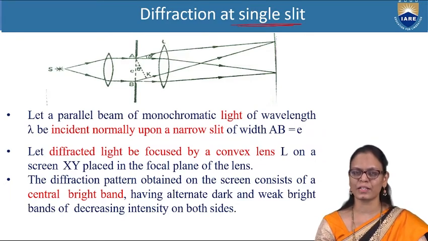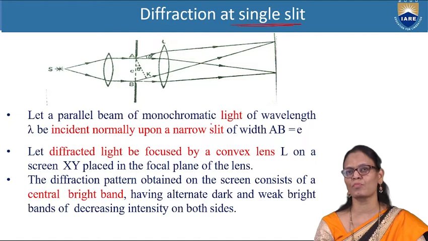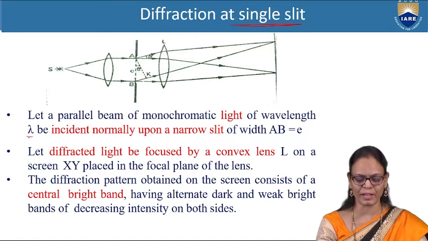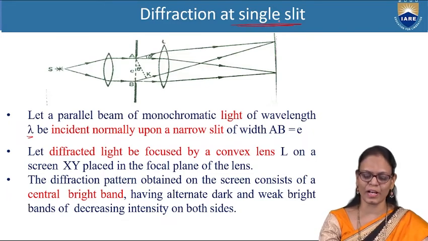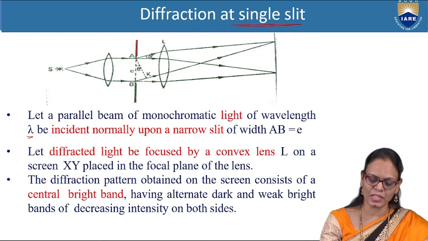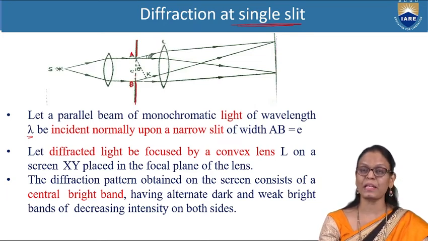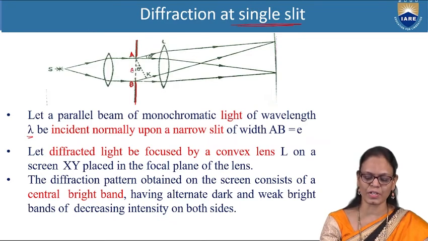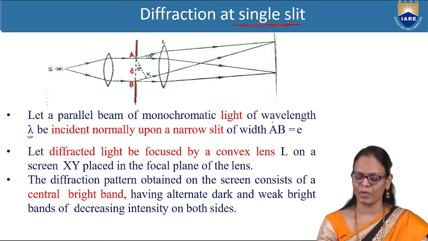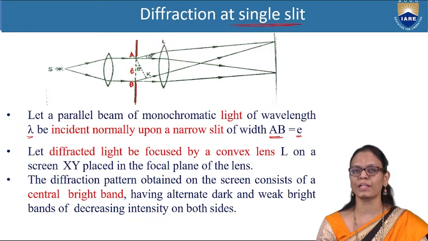So take a parallel beam of monochromatic light of wavelength lambda that is incident on a narrow slit. Because it is a single slit, we are considering the slit AB. AB here is the width of the slit, which is denoted by E. Width of the slit AB is equal to E.